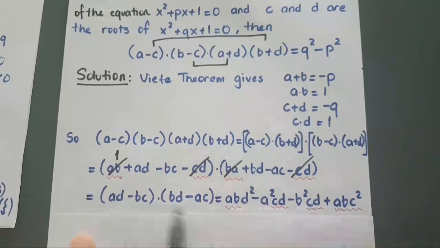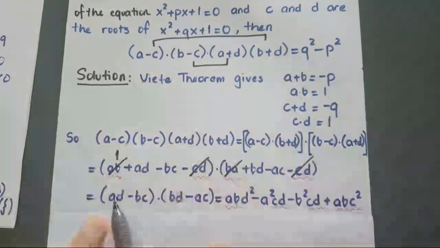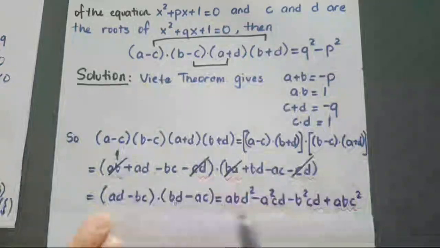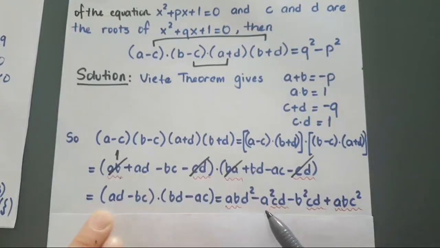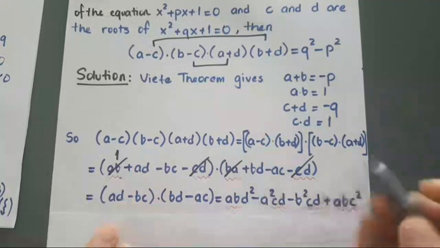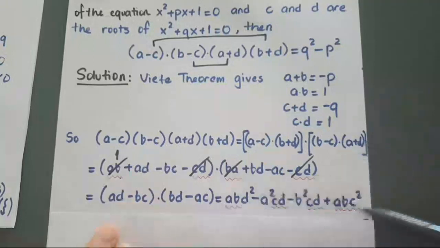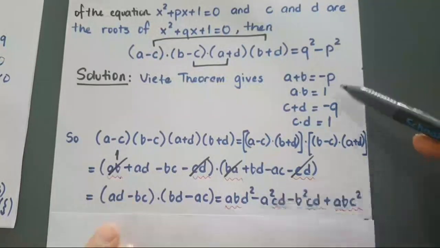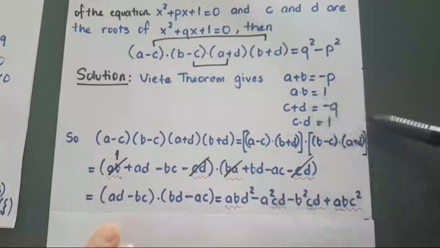So let me multiply them once again. If I multiply first by the first, it's ABD squared. First by the second, it's minus A squared CD. Second by the first, minus B squared CD. Second by the second, positive ABC squared. So do we have in this expression A times B and C times D?